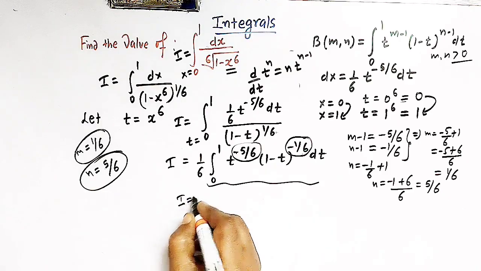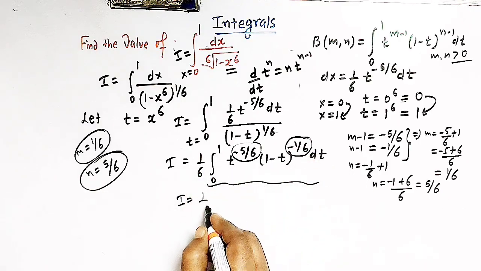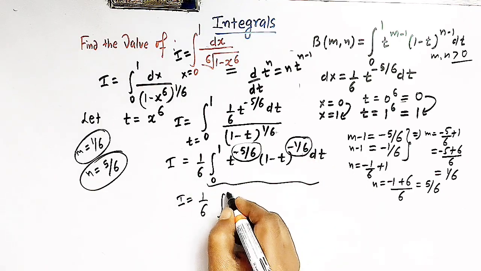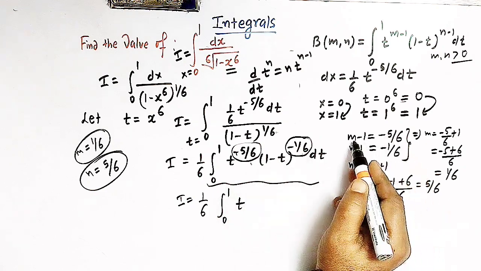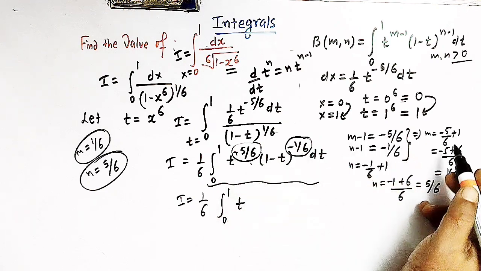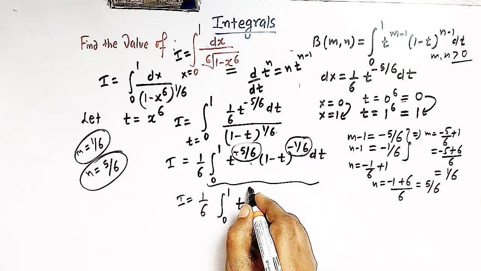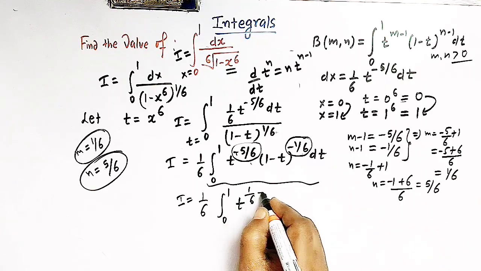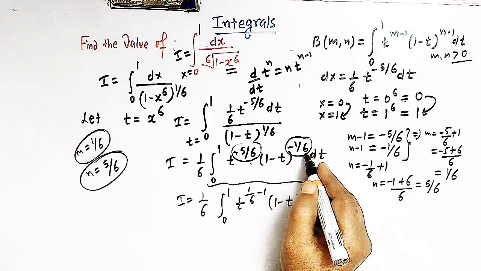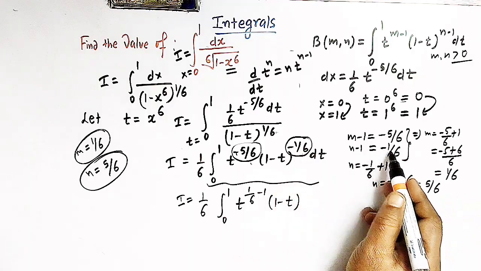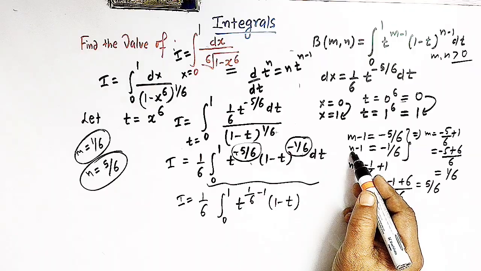So now we can write this integral as 1 over 6, 0 to 1, and t raised to minus 5 over 6 is m minus 1. So we have m is equal to 1 over 6. So 1 over 6 minus 1, and here we have 1 minus t raised to minus 1 over 6. So minus 1 over 6 can be written as n minus 1.